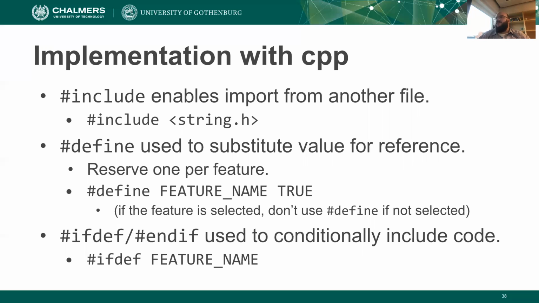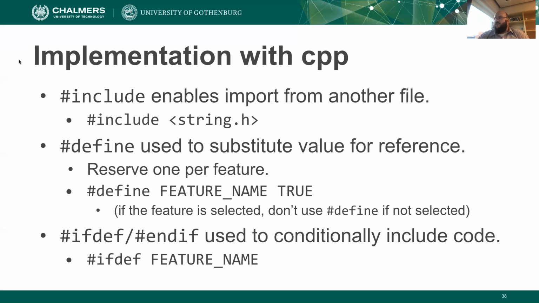So for example, in the slide, pound include string.h, right? This is a directive that says, hey, import the code from the string.h header file. And that gives me access to it in my program, right? So CPP is going to see this, and it's actually going to bring in that code directly when it compiles, right? And that's how you import.